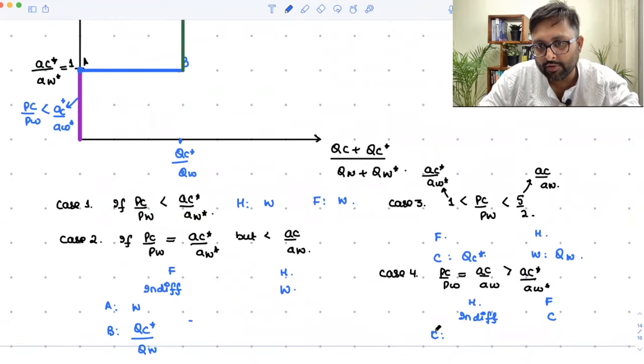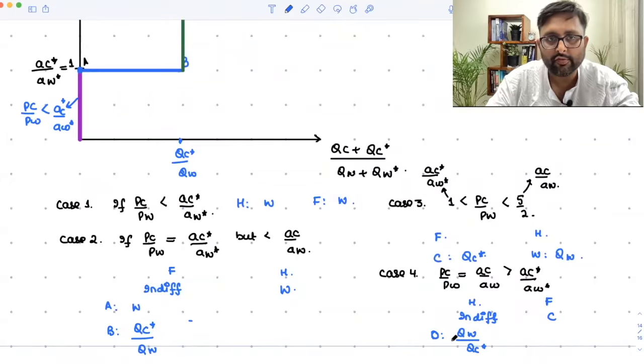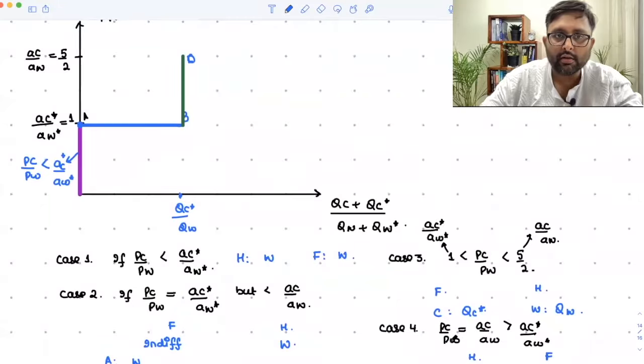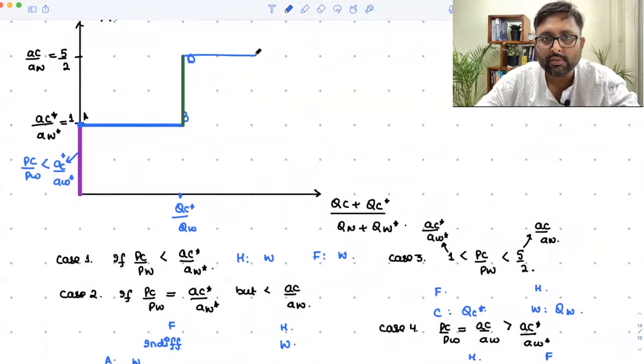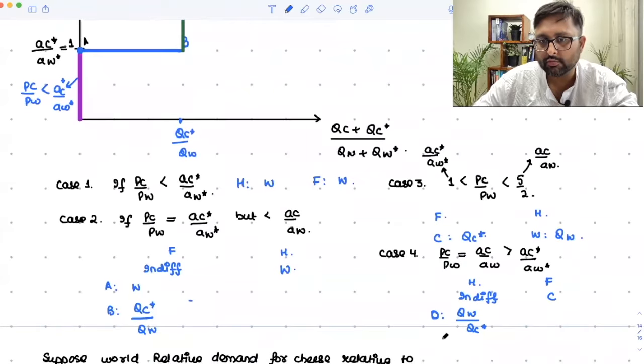If home country is sitting at D, then it says, fine, I'm going to produce all wine. And foreign country is definitely producing all of cheese. Fair enough. But it is also possible that home country will say that I can also produce all of cheese.